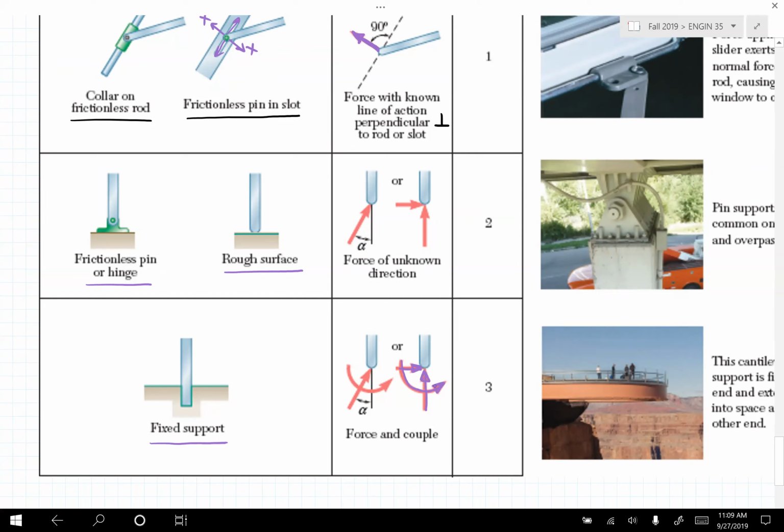And the reason we have all three of these, so the two forces and a couple, is because a fixed support prevents us from moving back and forth in this way, so we can't move that way. It prevents us from moving back and forth in this direction. It also prevents us from rotating. So it prevents movement in those directions. Therefore, it is applying forces and a moment.